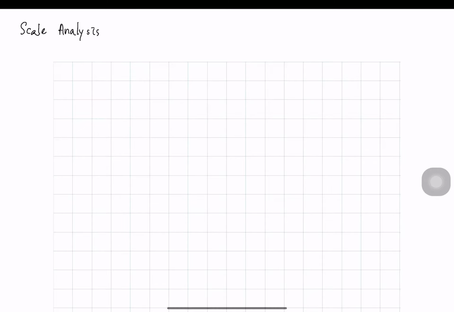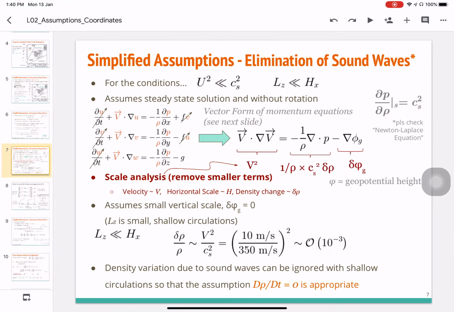We will be doing scale analysis on the momentum equation. We have three momentum equations. The first two are responsible for horizontal motion, and this one is vertical. We can combine them into a vector form, and we'll perform scale analysis on this one.